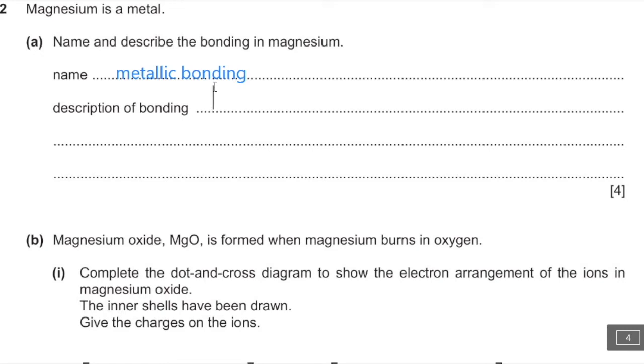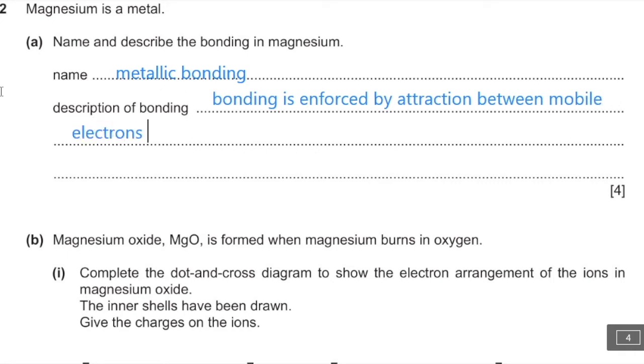So the bonding over here is enforced by the attraction between electrons from the sea of electrons and the positive ions formed when they lose their outer shell electrons.